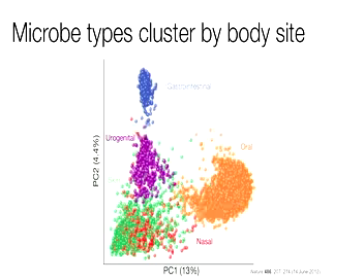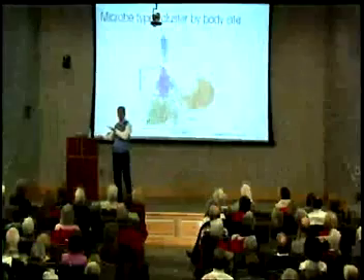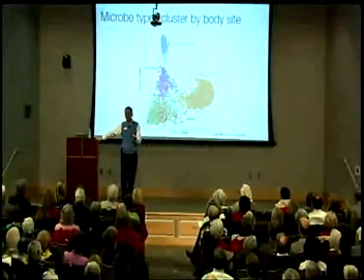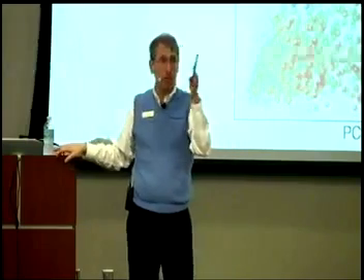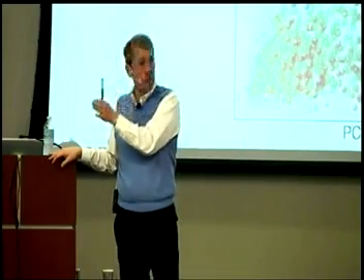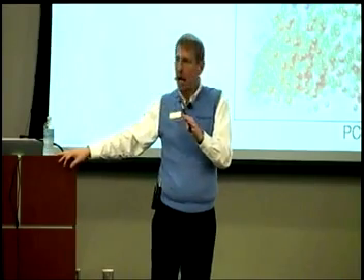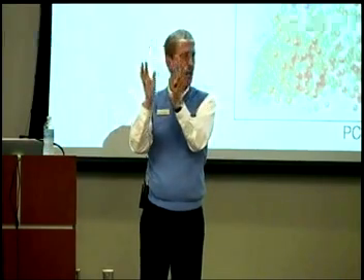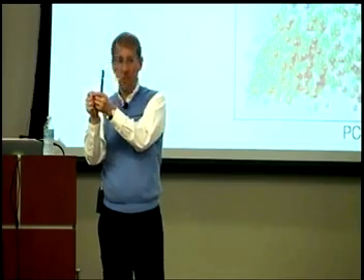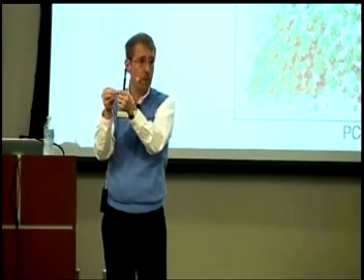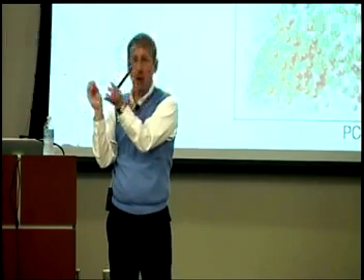So what is amazing to me is that when you look at the 250 individuals and you look at the samples from the mouth and the samples from the skin and the samples from the nose and from the gut, you find that there is a lot of similarity when I look at organ system or location of the microbiome across my population.